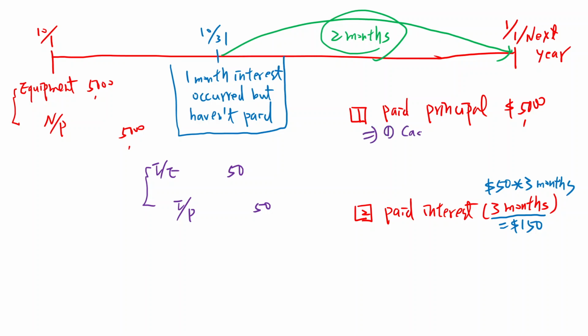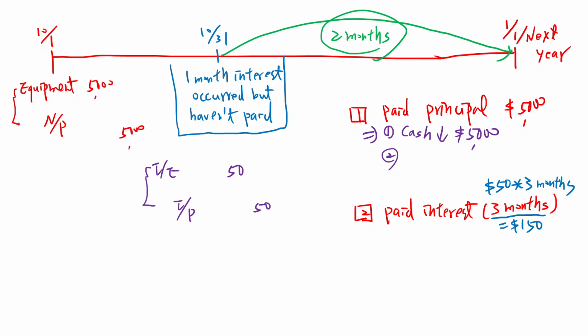They made your cash decrease $5,000. Could you tell me what's your second effect? Do you owe them money anymore? You don't owe them money anymore. So which account we used before? Right here. Notes payable, $5,000, right?